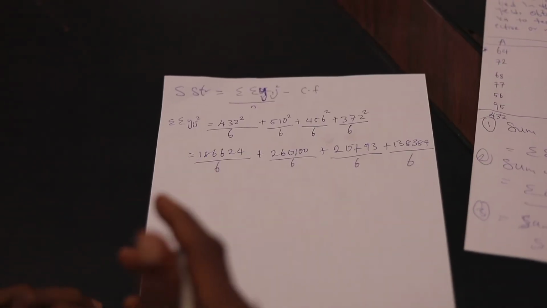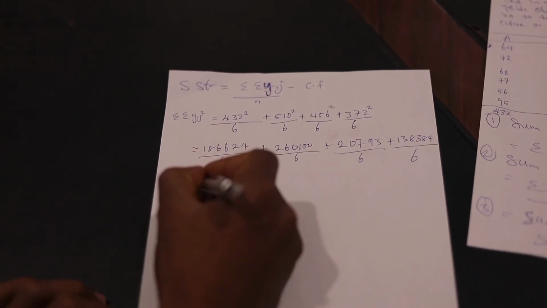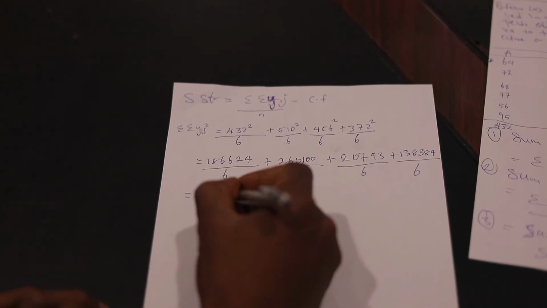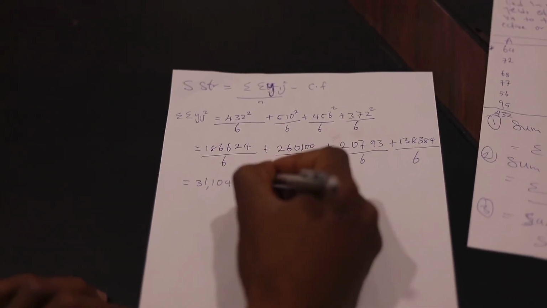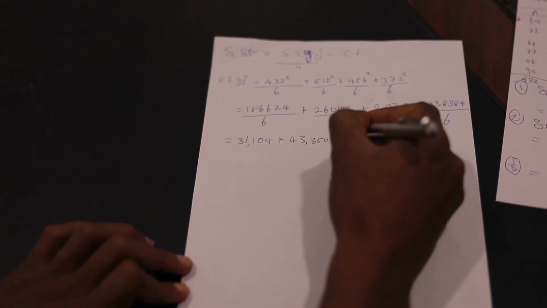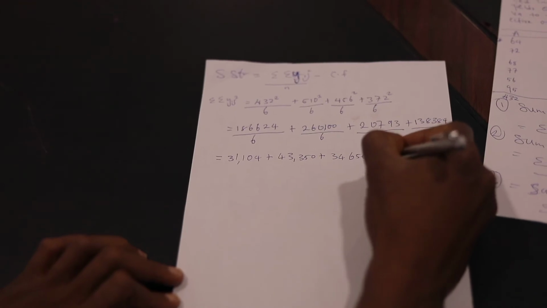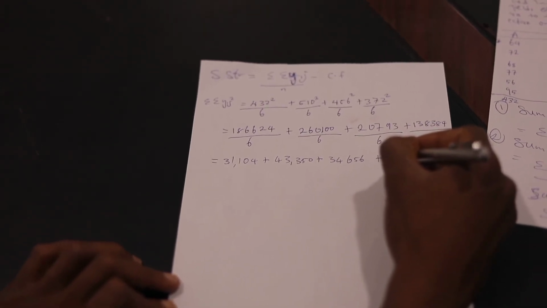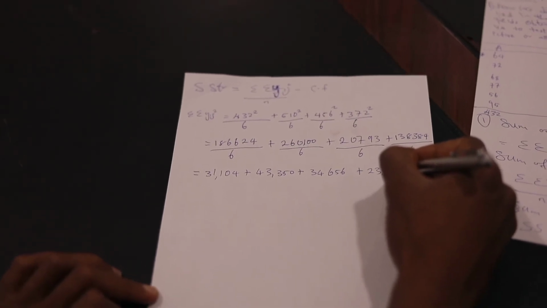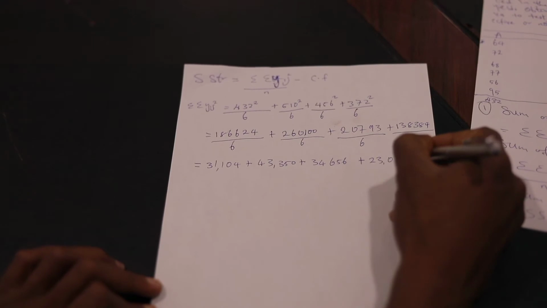You now say equals, the first one says 31,104 plus 43,350 plus 34,656 plus 23,064, right?